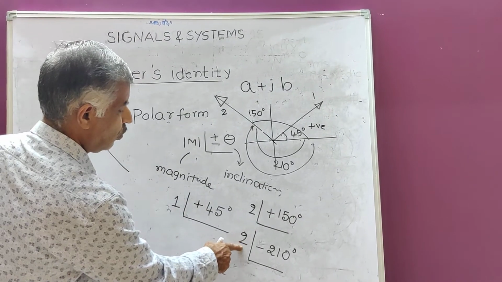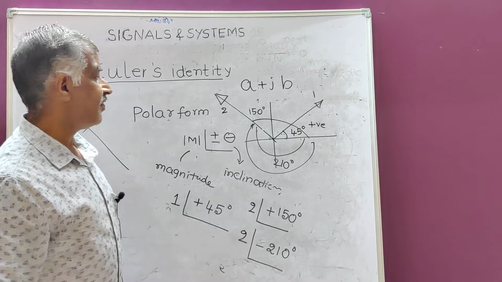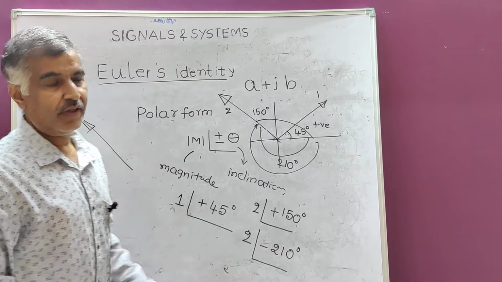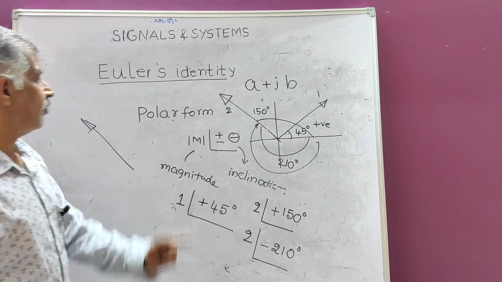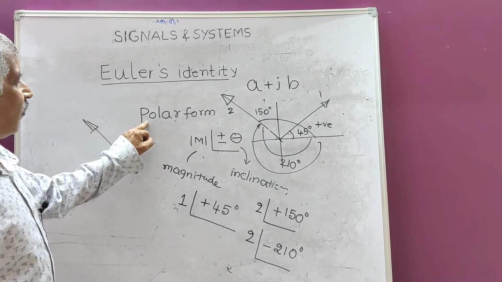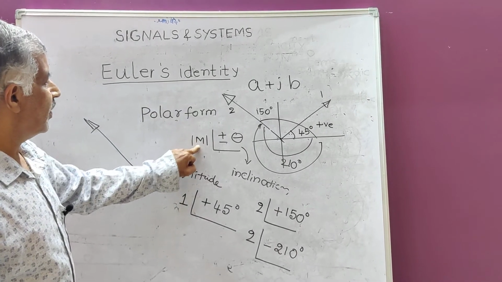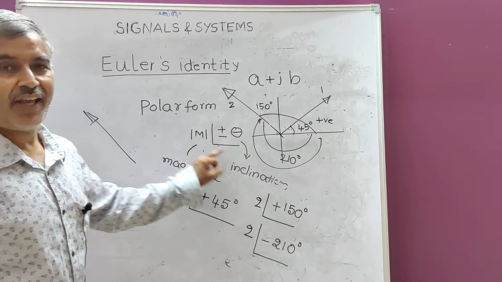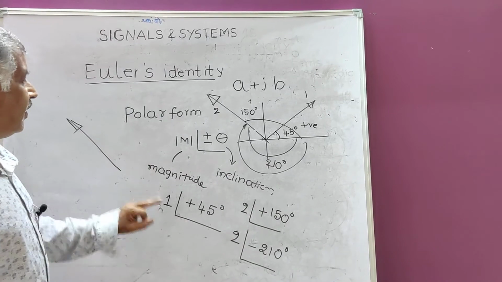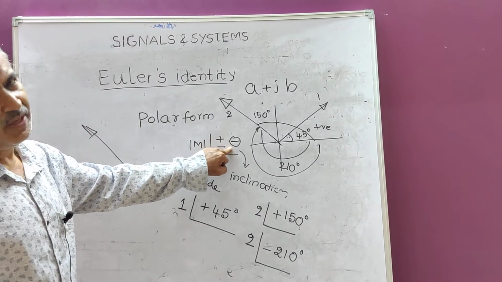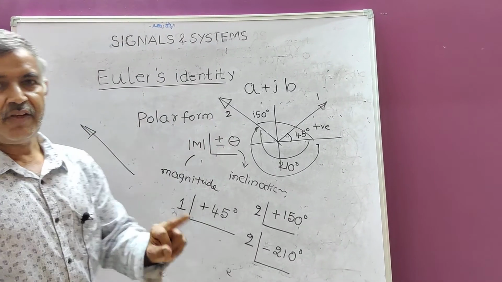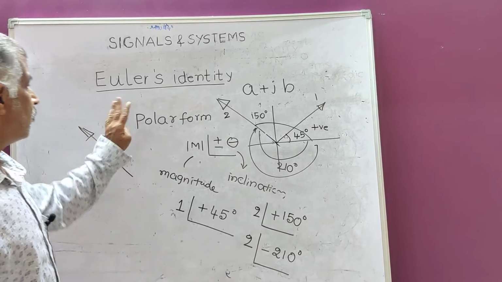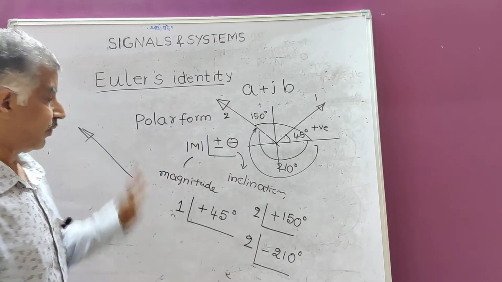Hence it is 2 at an angle minus 210 degrees. So now you followed what is known as polar form. Polar form means magnitude and inclination. Theta is called inclination, and it can be plus or it can be minus, but the magnitude will always be positive. This is what is known as polar form.